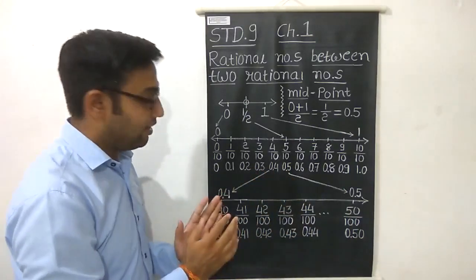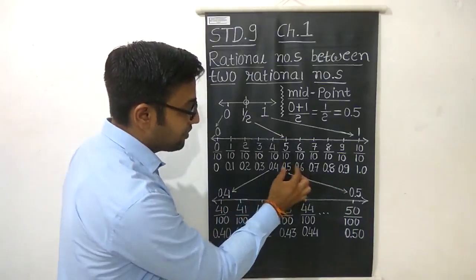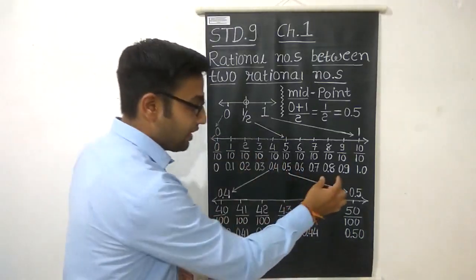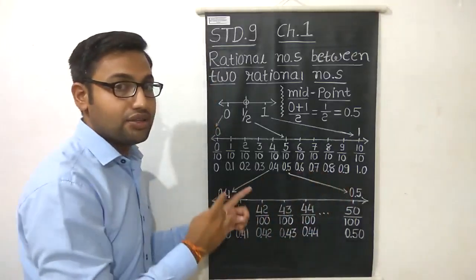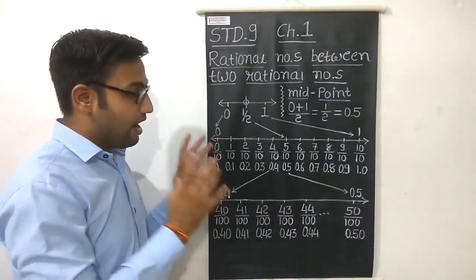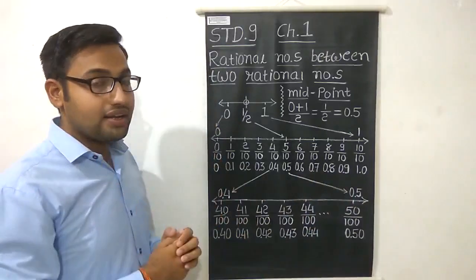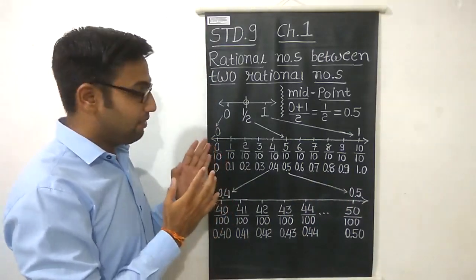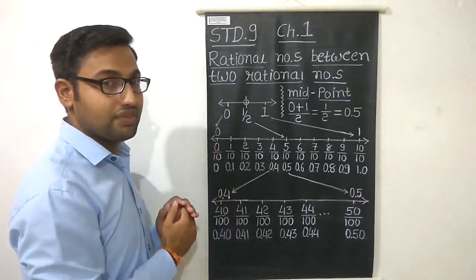In the same way, we can get 10 numbers between 0.5 and 0.6. In the same way, we will get 10 numbers between 0.8 and 0.9. So now you can think that there are infinite numbers between any two numbers.